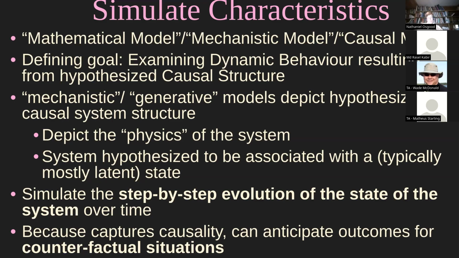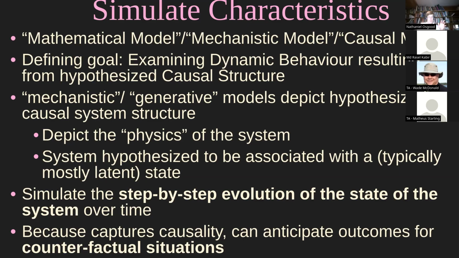Mathematical model, a mechanistic model, sometimes causal model, although that gets quite confusing when talking about them in the context of causal models in the sense of Judea Pearl and reasoning about causal inference. Even mechanistic model is somewhat overstated, and so is mathematical model.